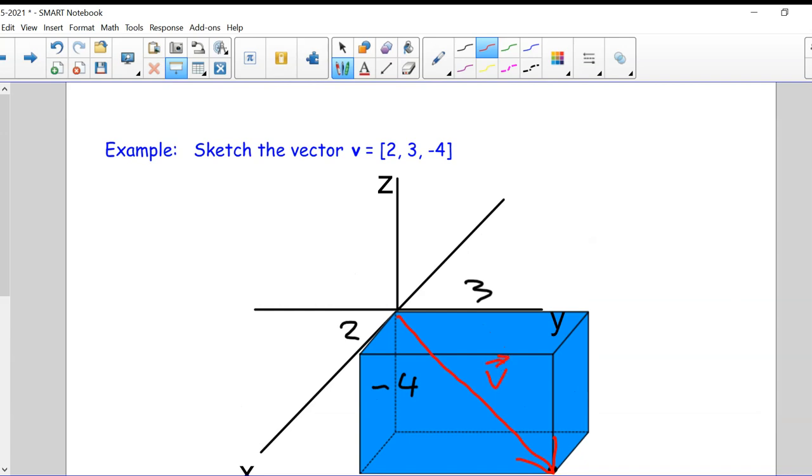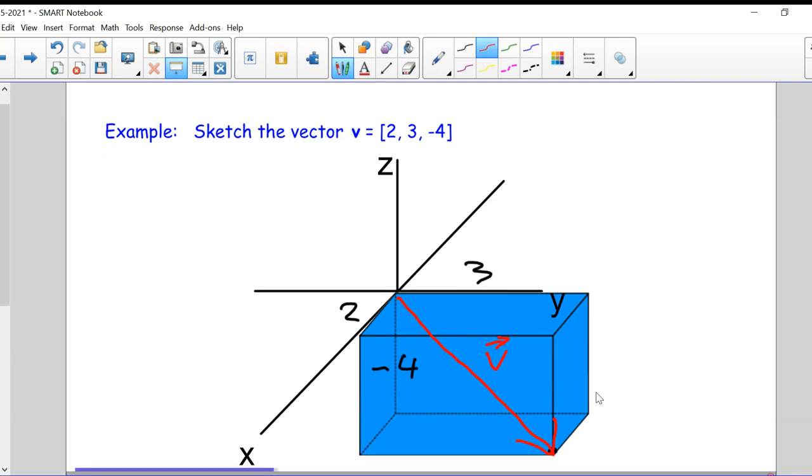Little arrow on top. This v vector, position vector, runs from the origin. It's going 2 forward, it's going 3 to the right, and it's going 4 down. All right, is everybody kind of seeing what I'm saying here? Does that kind of sort of look right to you? I use that little box to give it a 3-dimensional kind of look to it.